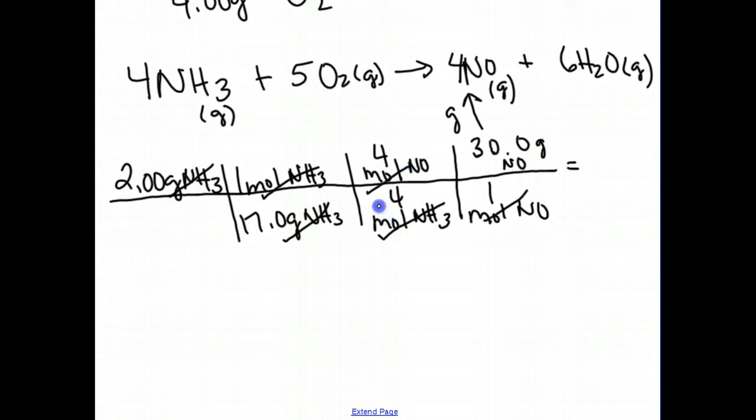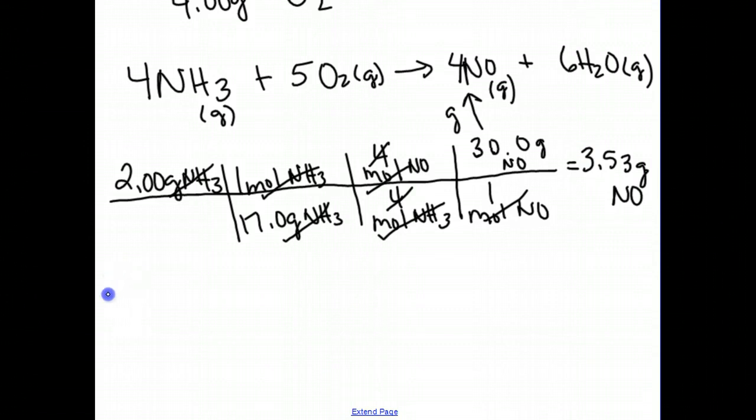So we have 4 and 4, both of these cancel. We have 2 times 30 divided by 17. This is going to equal 3.53 grams NO.